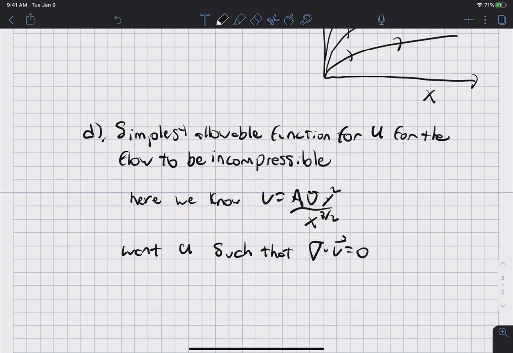Okay, and spoiler alert, when you do this, you should get u equal to the function given way up above in the problem statement. But here I'm showing you this step because there's going to be a homework problem that asks you to find the simplest function, and there are some subtleties in doing this because this divergence constraint gives rise to a partial differential equation.